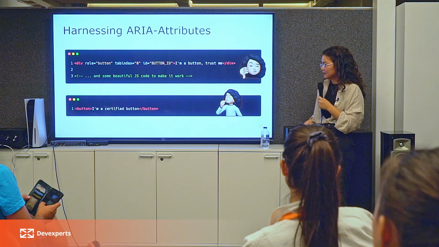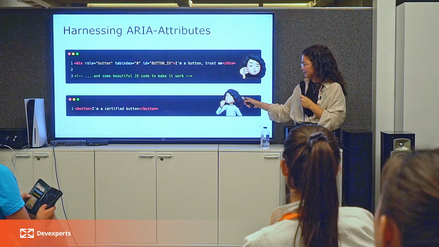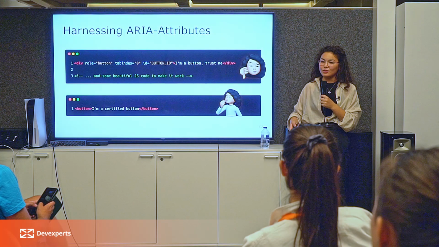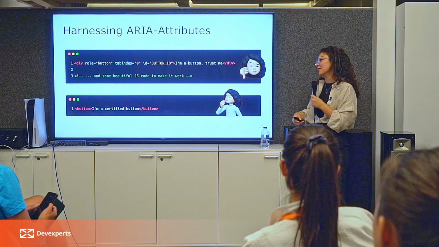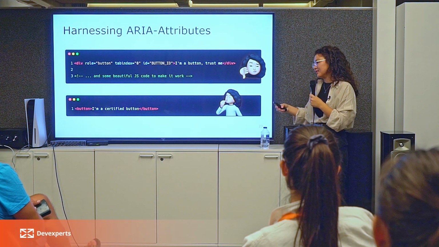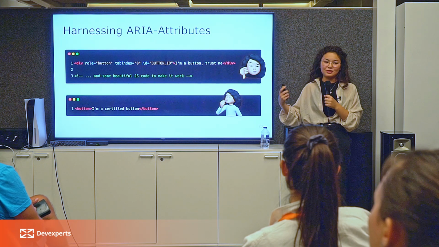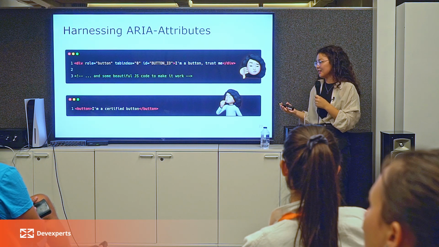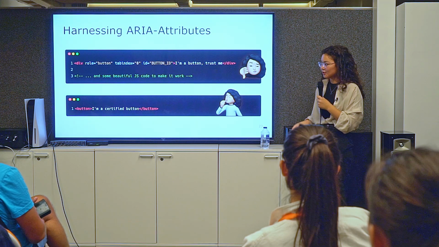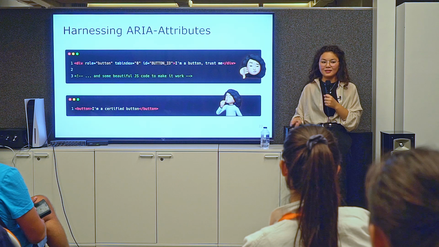Why? Because in the example here you can see that the button is very short, it's tiny, right? But if you try to recreate a button with a div, you have to add I don't know how many ARIA attributes and try to recreate all the functionalities with JavaScript. It's just tiring, and I don't see any benefit in that. So always try to use the semantic tag.